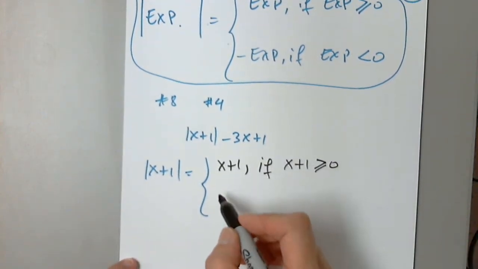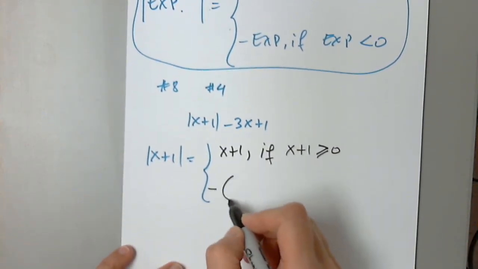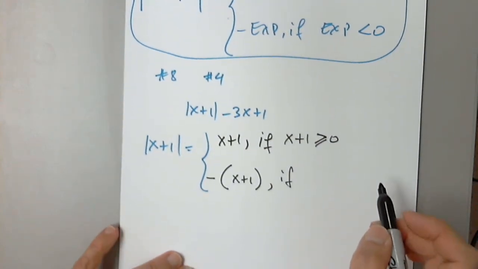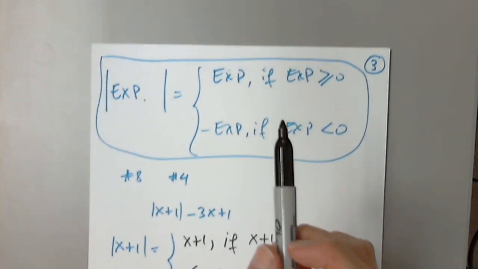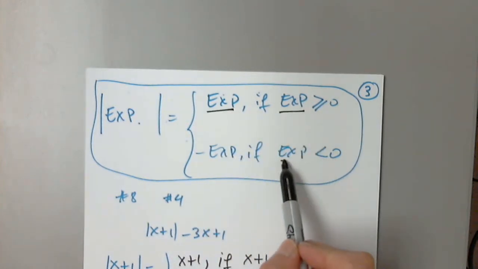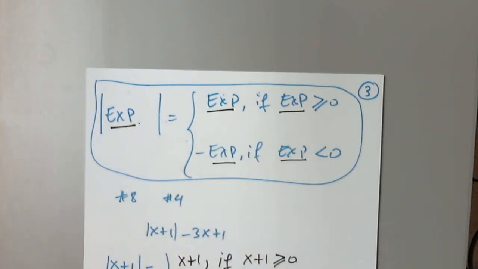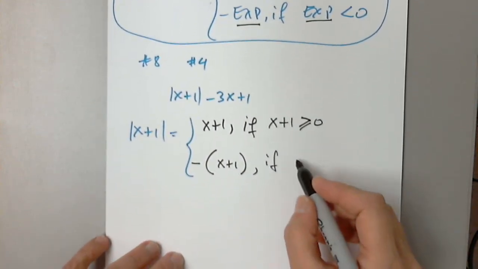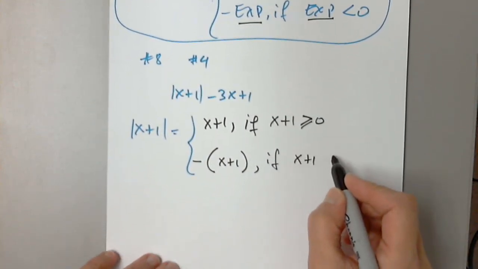Excellent. Do not forget to put parentheses. If negative x plus 1. I didn't say that. I said that all five, be very careful, all five are identical. 5 identical pieces. x plus 1 is less than 0.